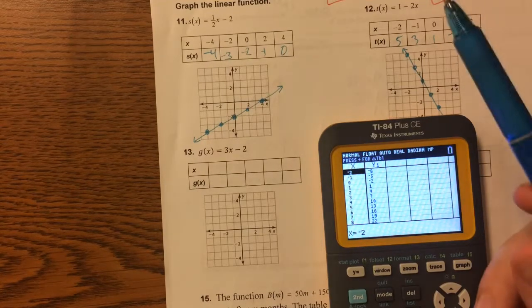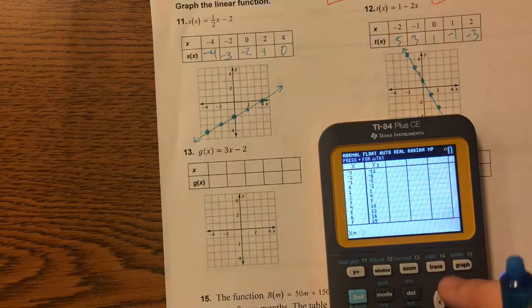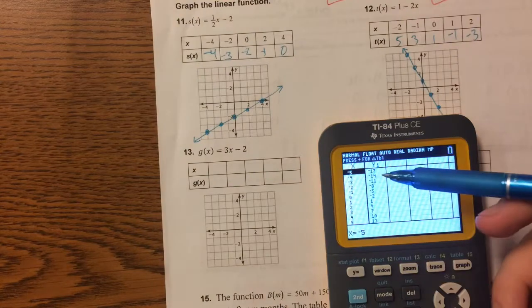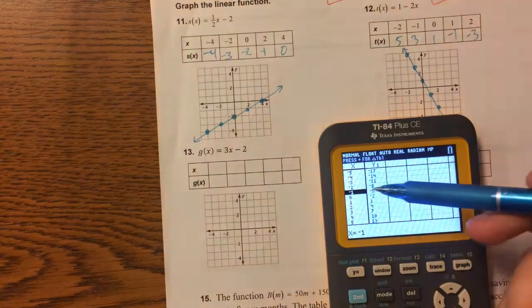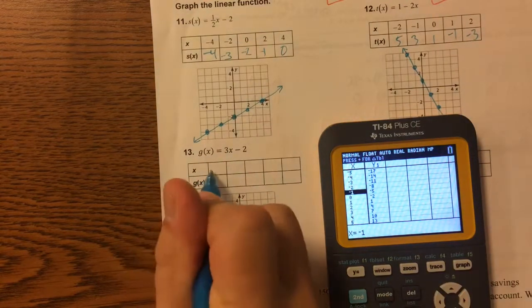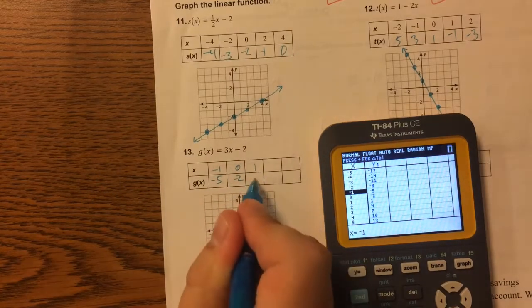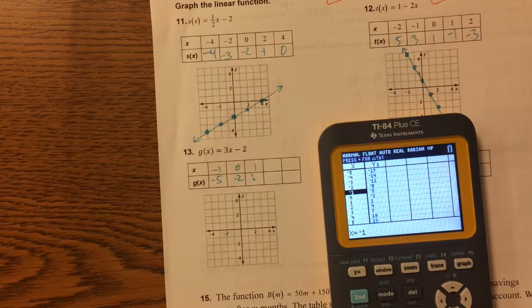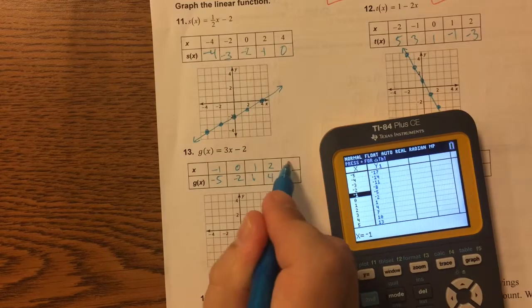So like, -2 is probably not a great place to start because you can see that my y value is -8, and that's going to be off the graph. Oh, we're doing -4? So, well, -4 is going to be way off the graph, right? -4, -14. So the first one we can actually fit is this -1, -5, so that's probably a good place to start. -1, -5, 0, -2, 1, 1, 2, 4, and 3, 7.